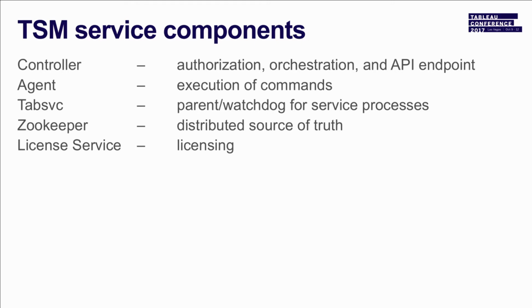Server itself has a whole bunch of processes, right? There's physical server, there's visportal, there's backgrounder, there's Postgres, there's Apache, and now there's Hyper. Hyper is one of the child processes of tabsvc. So Hyper will be running when Tableau Server is running, and Hyper will be stopped when Tableau Server is stopped. Hyper is the drop-in replacement for Tableau Data Engine, so everything that you expect about Data Engine running, Data Engine stopped, is also going to be true about Hyper.